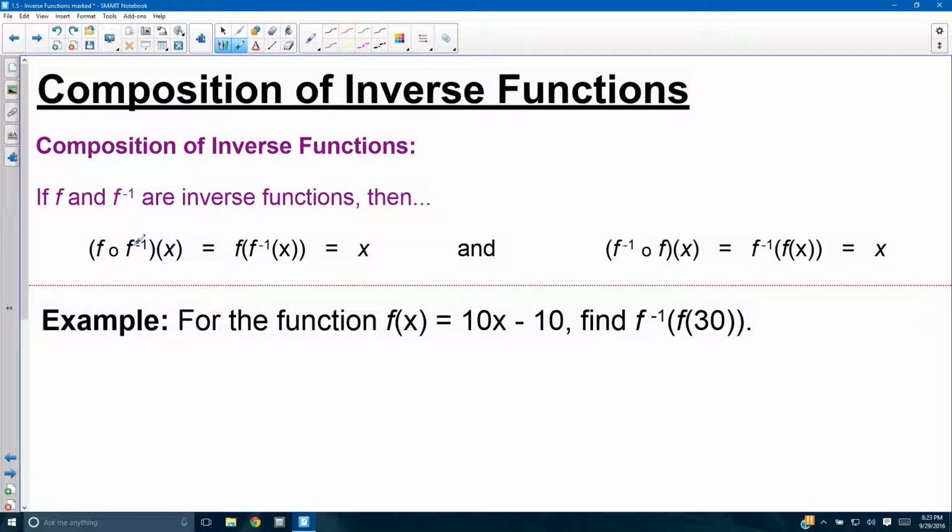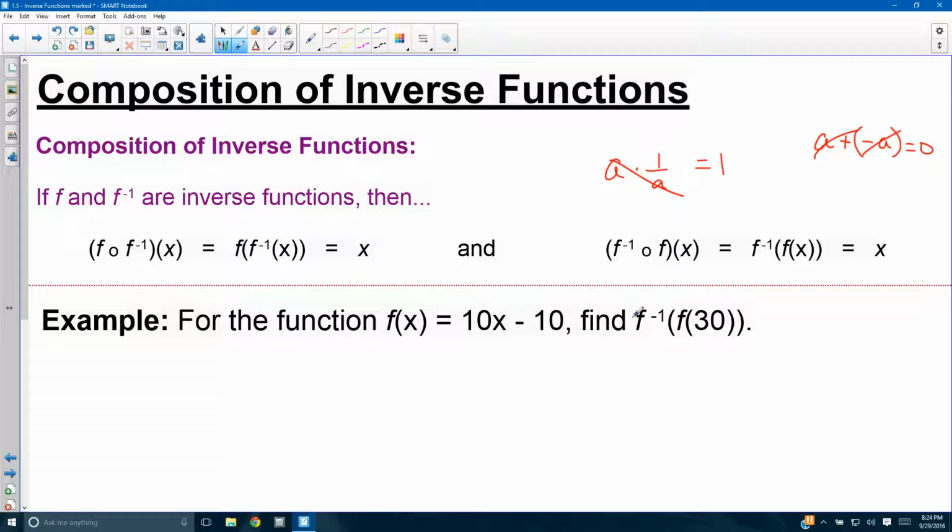The function of the inverse function of x equals x, and the inverse function of the function of x also equals x. All that means is that you're getting back out what you first put in originally, because these guys cancel each other out. Just like multiplication and division cancel each other out, just like addition and subtraction cancel each other out in their own unique way, this also cancels each other out in its own unique way, and you're left with whatever's there.